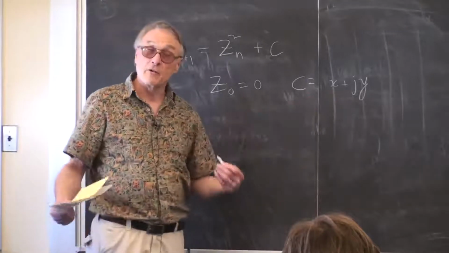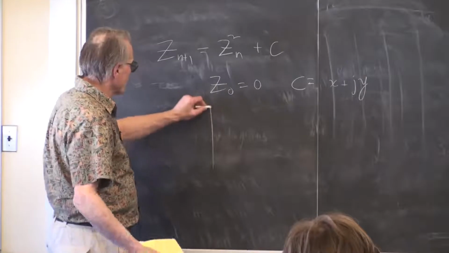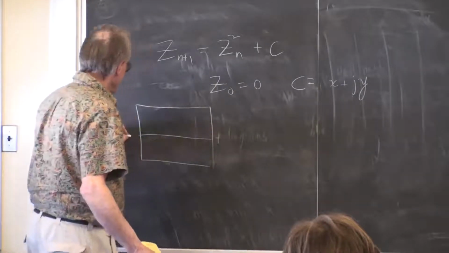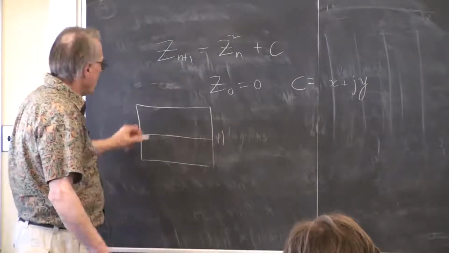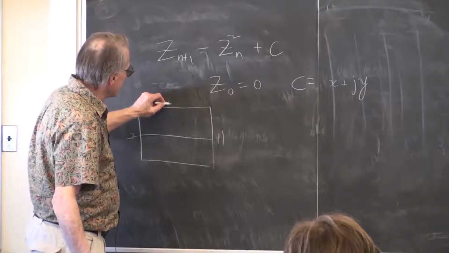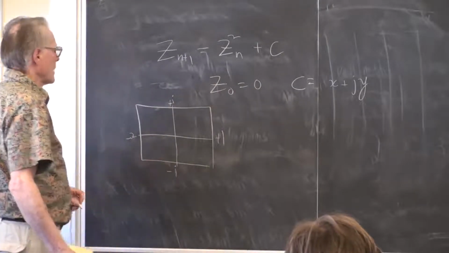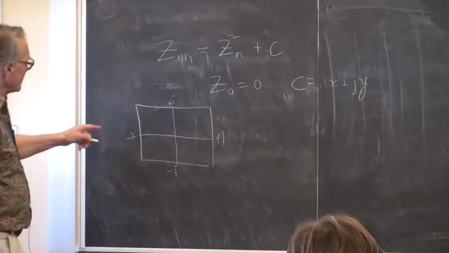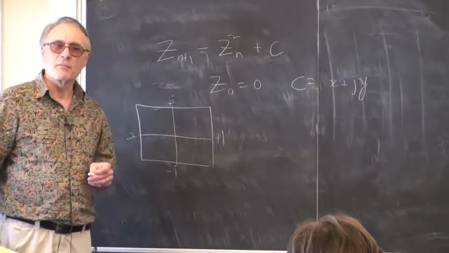You're going to scale VGA coordinates into the region plus 1 to minus 2 and plus i to minus i. The aspect ratio is not bad. So that's 3 by 2, and 640 by 480 is 3 by 4.